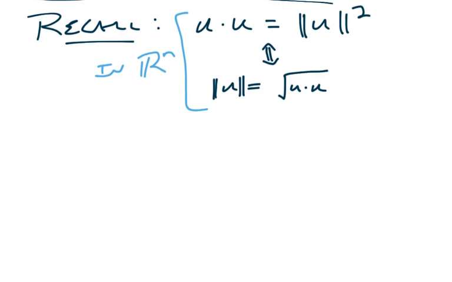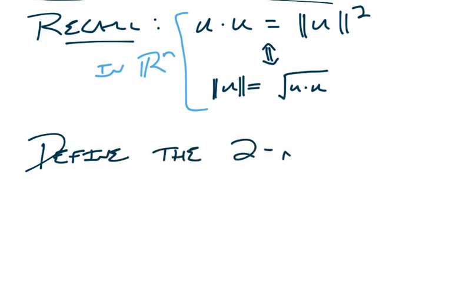So, just sort of inspired by the previous ideas of how we would define orthogonality using the dot product or the inner product on P2, we are now going to define what is going to be called the 2 norm on P2.